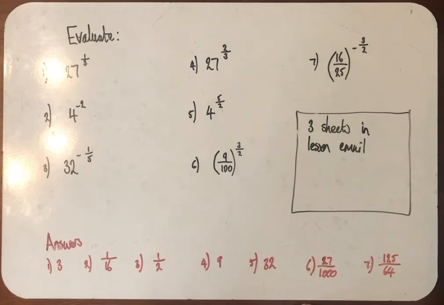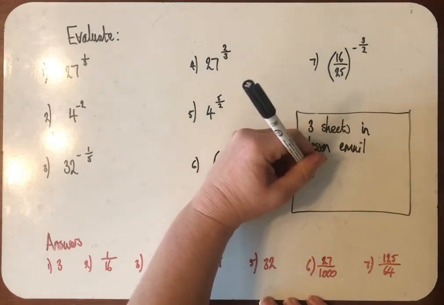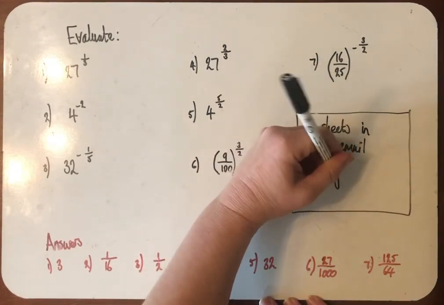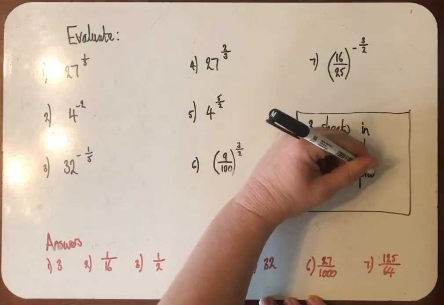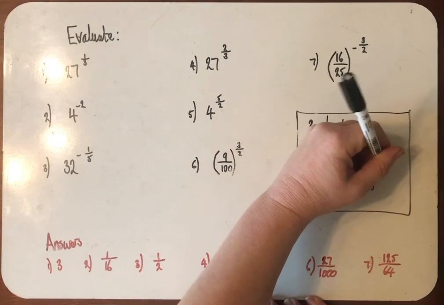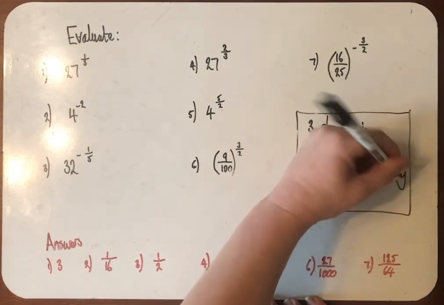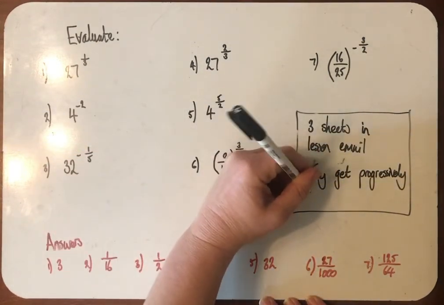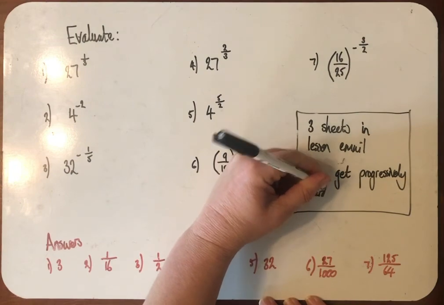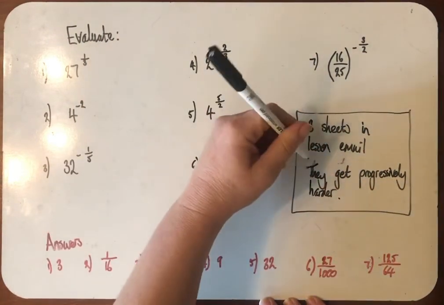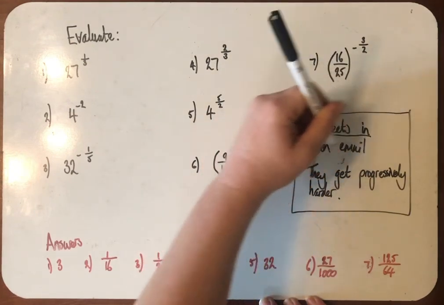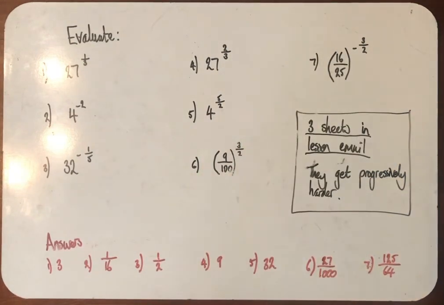So work through those at your own pace, really. I would say sheets 1 and 2 would be good for everybody to do. And if you want a bit of a stretch, then do have a look at sheet 3. So those questions, and then the 3 worksheets in your lesson email.